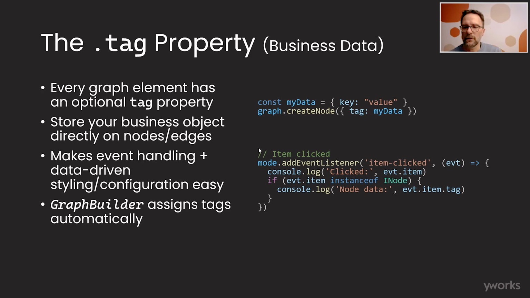And for example, if later on in the code you have an event listener, and we will see how this works later on, that is called when the user clicks on a node, you can check the tag property of the item that has been clicked and directly get the object that is associated with the item that the user interacted with. And then you can do the needful thing and do special handling depending on the tag and so on. So this is helpful for doing data binding, but also for making decisions for interactivity or for configuring the automatic layouts later on.